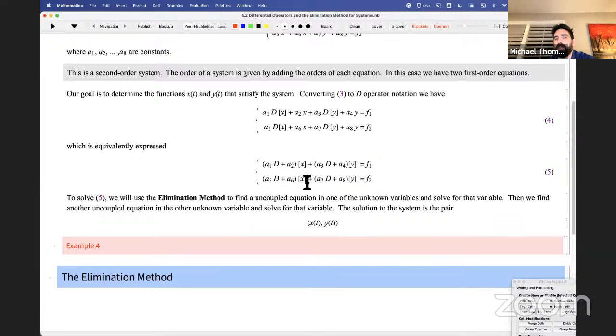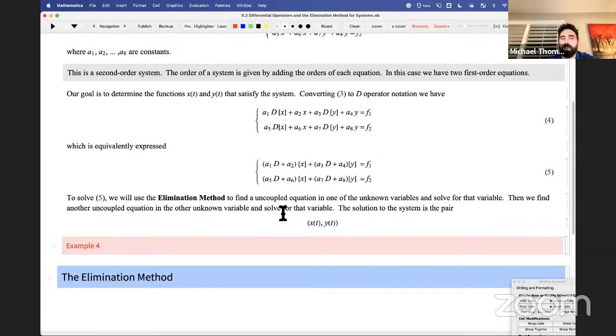Once it's uncoupled from x, you can solve that equation for y. And now you have y. Then you find another equation that's uncoupled from y, which is an equation in x, and then you can solve that equation for x. Now, solving is going to involve differential equations, so that's going to be the heavy work. But the big idea here is the same as algebra.